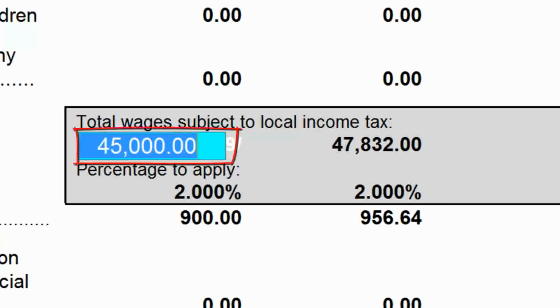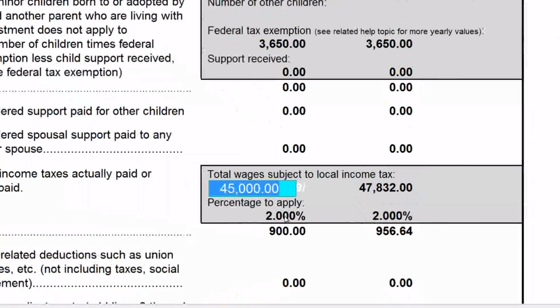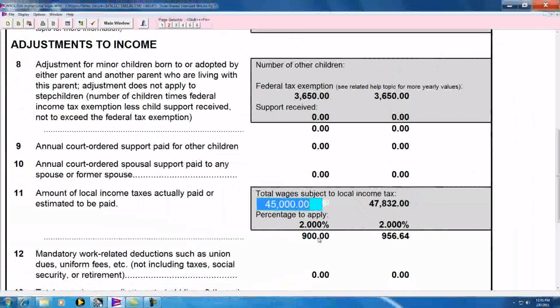In our example, Roxy took the $45,000 annual gross income from employment on father's line 1A. In the case of mom, it took that line 1A amount of $45,000, but it also included the $2,832 in net self-employment income on line 2.